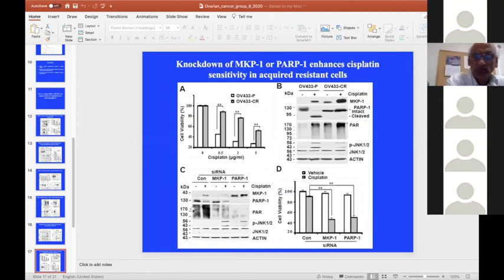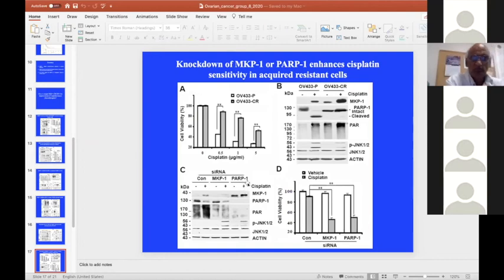Then we looked at the MKP1 level, PARP1 level, PAR, and JNK. When we knock down MKP1, we see a decrease in the PARP1 level and the PAR level shown here, particularly when you treat with cisplatin.